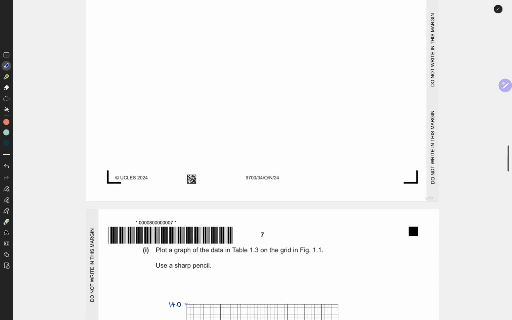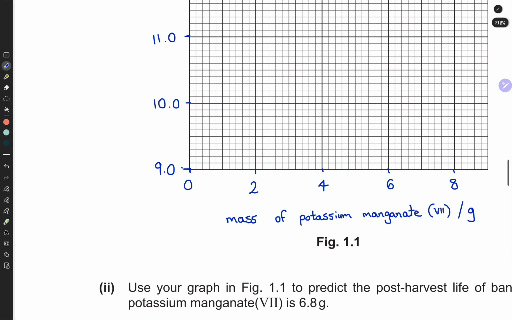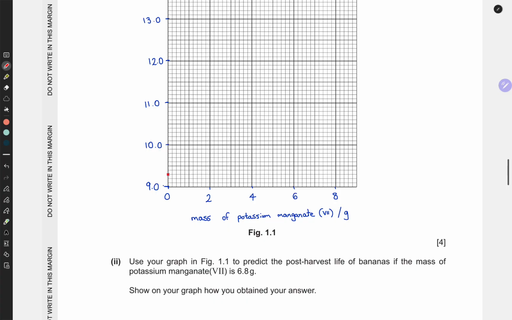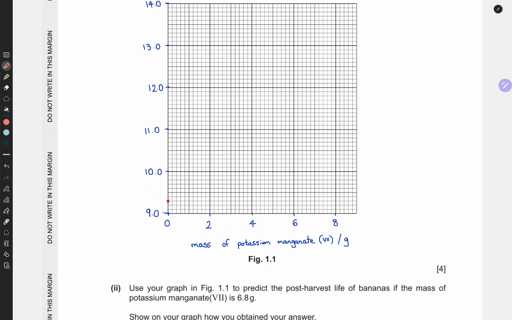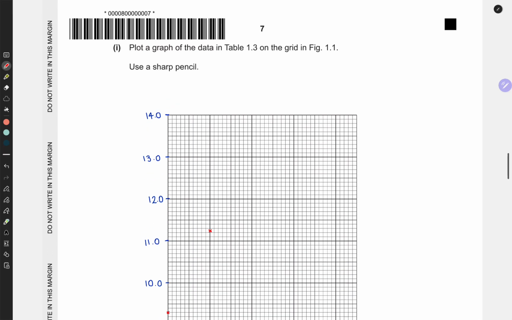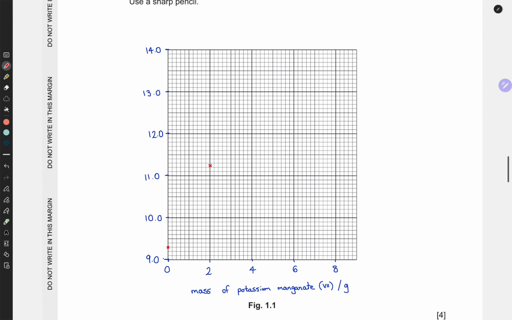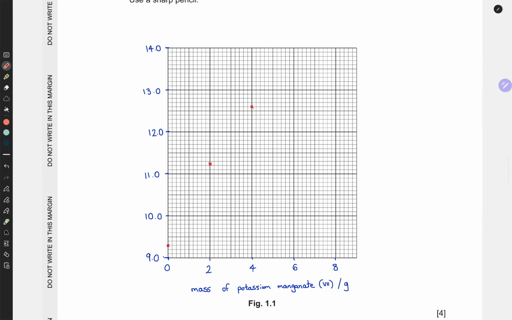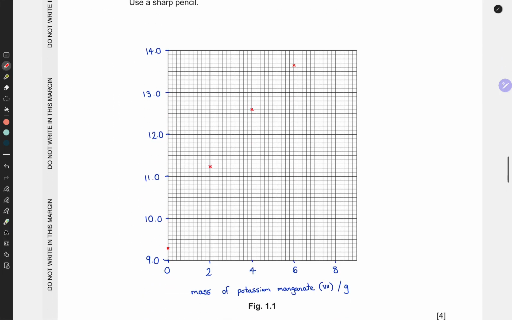So the first point would be at 0 and 9.3. Then to 11.525. 4 and 12.60, or 6 and 13.65, then 8 decreases again at 11.45.